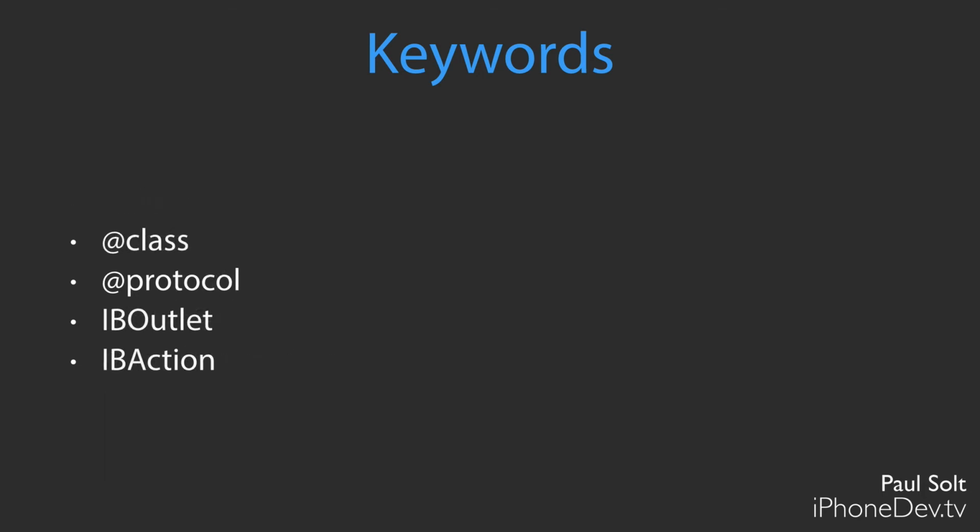Now we have class, and we use this normally for declaring a class. If you create your own protocols, you'll have to do this so that you can reference a class within the protocol methods. A protocol is a way of establishing certain behaviors that a class can respond to.